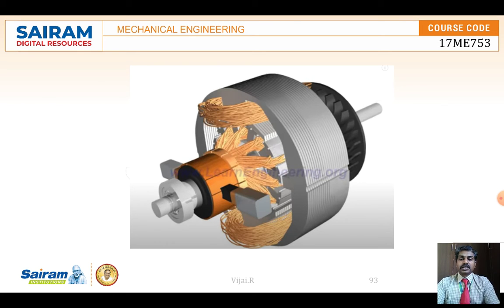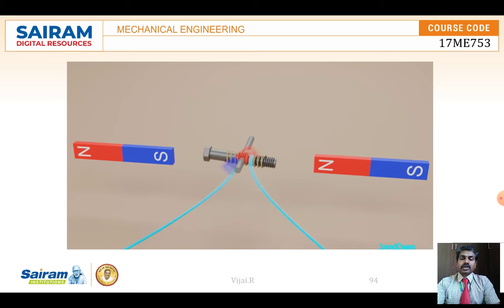You can see this is a normal DC motor and how the internal structure looks. The working principle is like this: when we keep south pole and north pole magnets, they try to attract, and a conductor carrying current, a current carrying coil, becomes magnetized obviously.